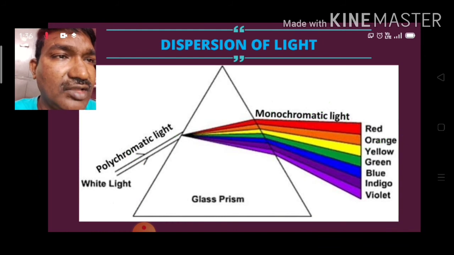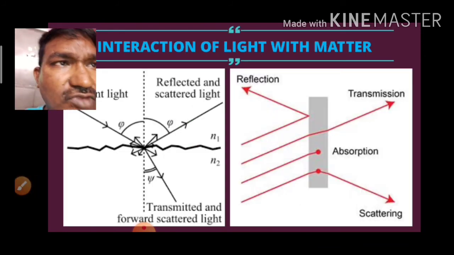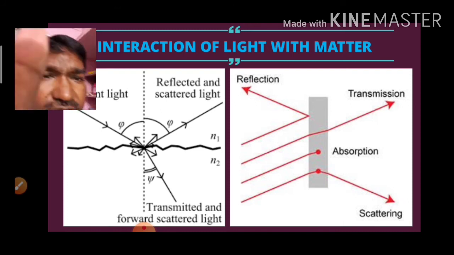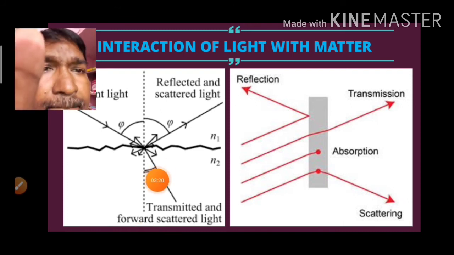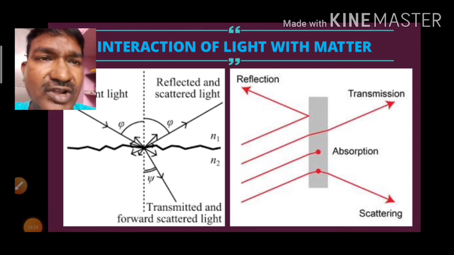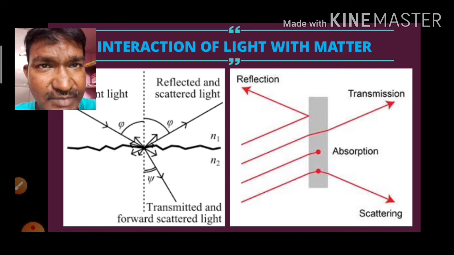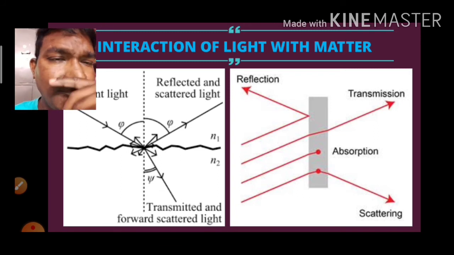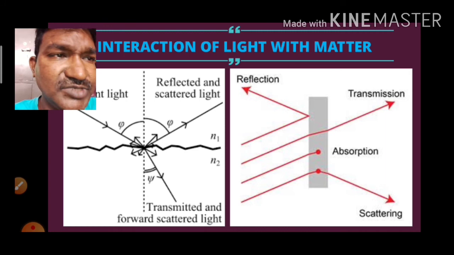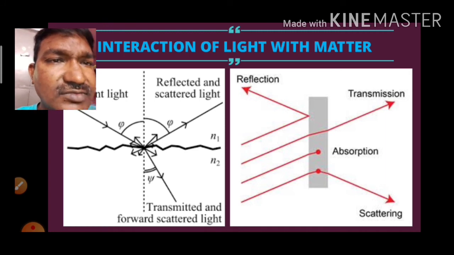So then after we have to move to the interaction of the light with the matter. So when we incident light on the matter, the light may be subjected to three phenomena. The first one is the transmission, the second one is the absorption, and the third one is the reflection.